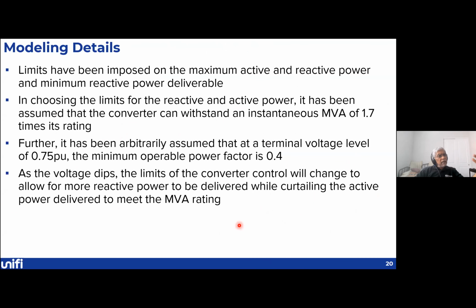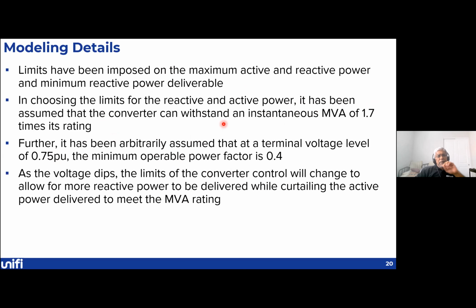So in this model, we have also imposed limits on the maximum active and reactive power and minimum reactive power deliverable. And in choosing these limits, we have assumed that the converter can withstand an instantaneous MVA of 1.7 times its rating, after talking to many inverter manufacturers.